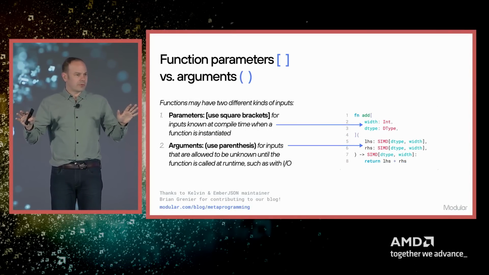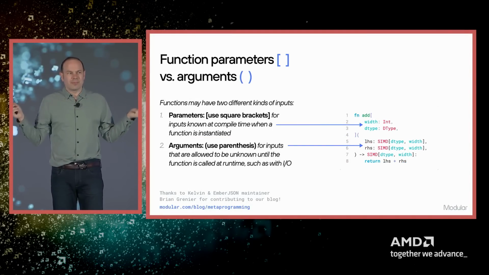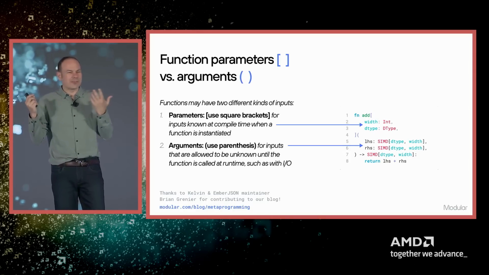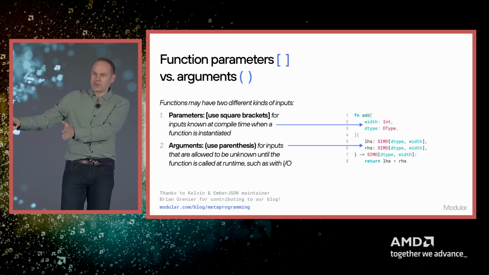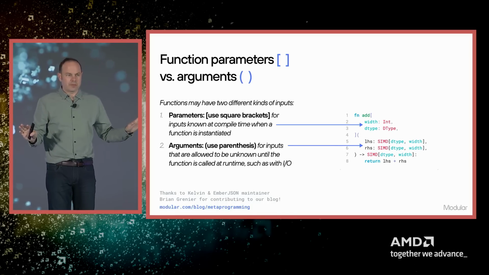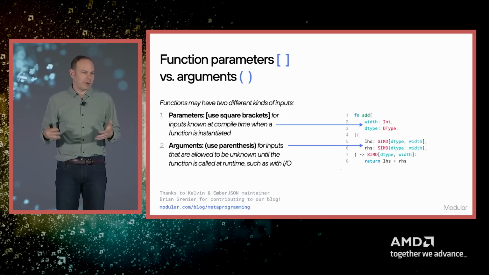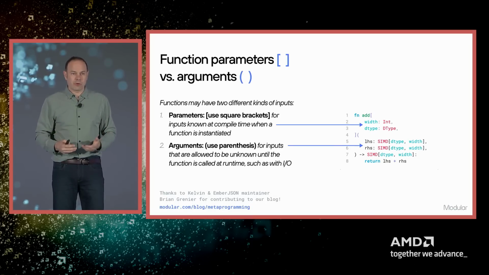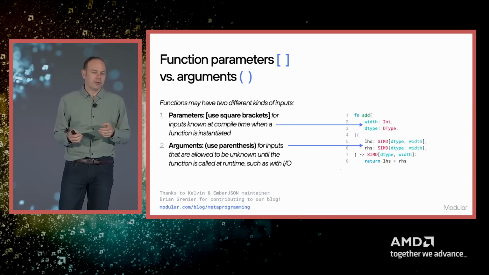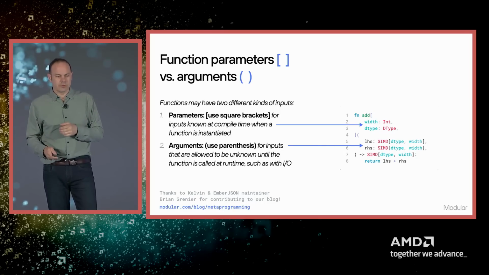And now what Mojo allows you to do with a very simple approach is to have plus, function calls, recursion, all these things. Of course they work at runtime, and of course they work at compile time, and you have one thing to manage. Well, this makes everything simpler. This makes it so you can define really advanced compile time features, for example, working with crazy advanced layouts that you need for tensor cores, without having all this complexity and without the terrible error messages that we're used to from C++.